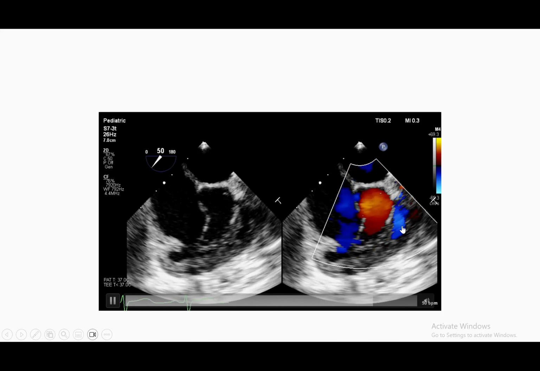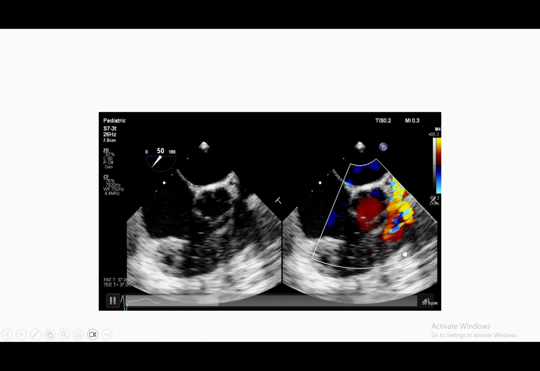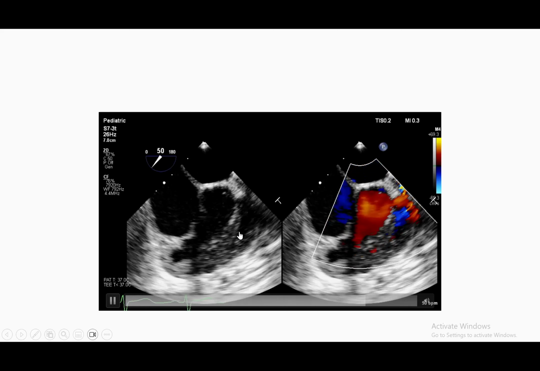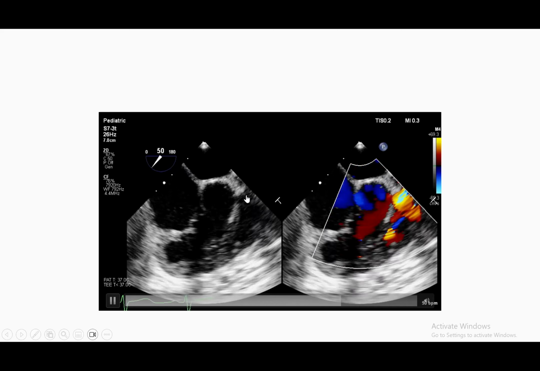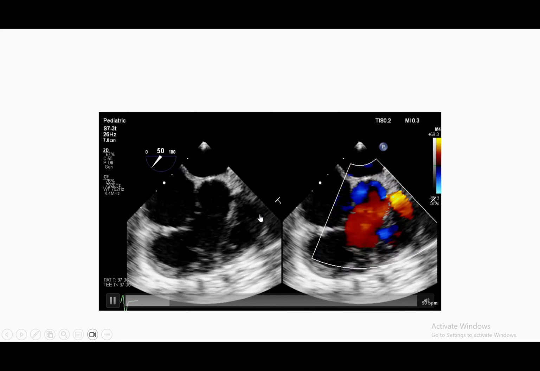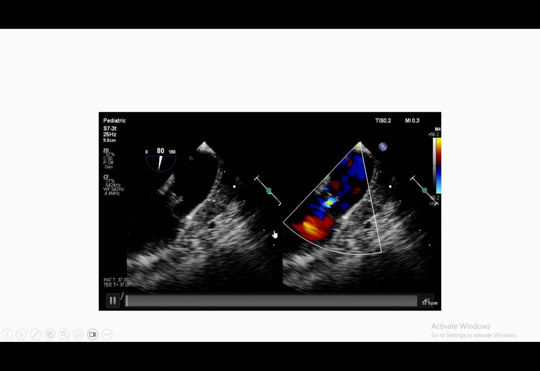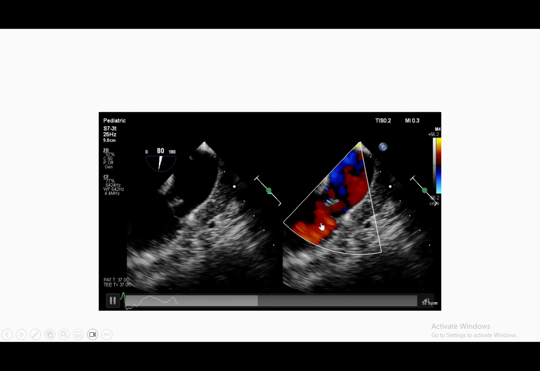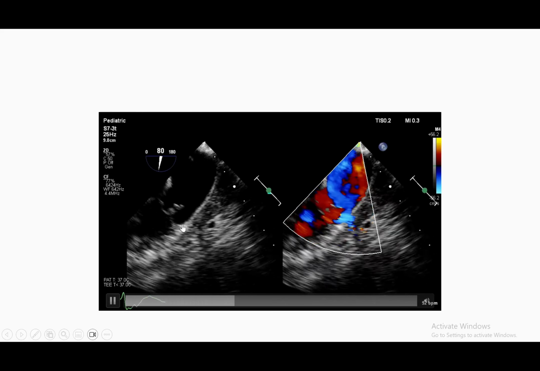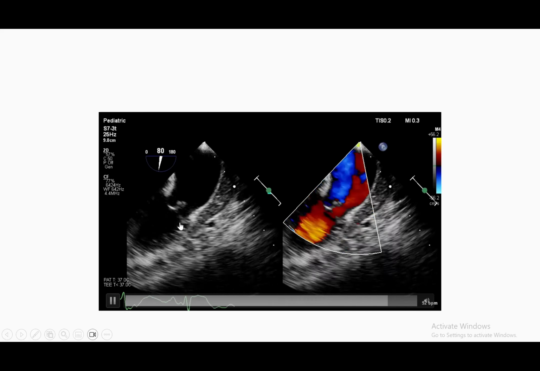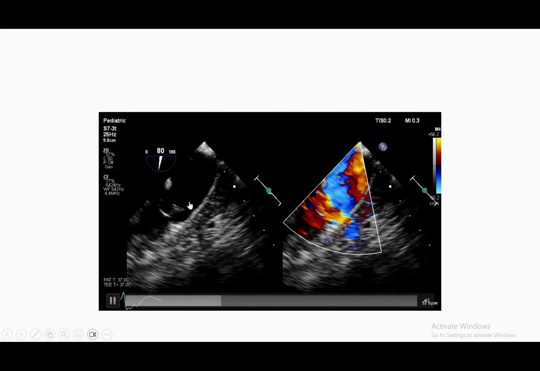And this is the stenosis, the pulmonary stenosis. It starts from an infundibular stenosis, and there is a valvular or even supravalvular stenosis here. So it is a multi-level stenosis. This is a valvular stenosis with the annulus looking fine. The diameter of the annulus looks fine, and the leaflets look fine.